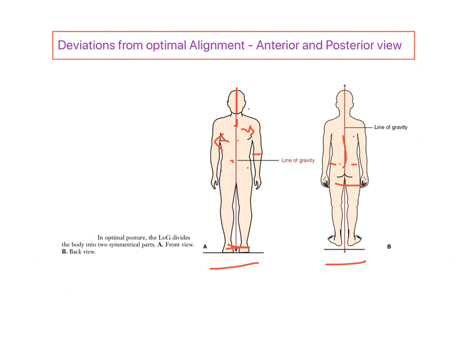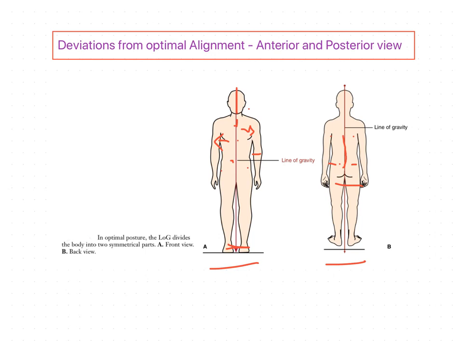Normally, the plumb line is equidistant from the malleoli, and the malleoli should appear equal in size and directly opposite one another.